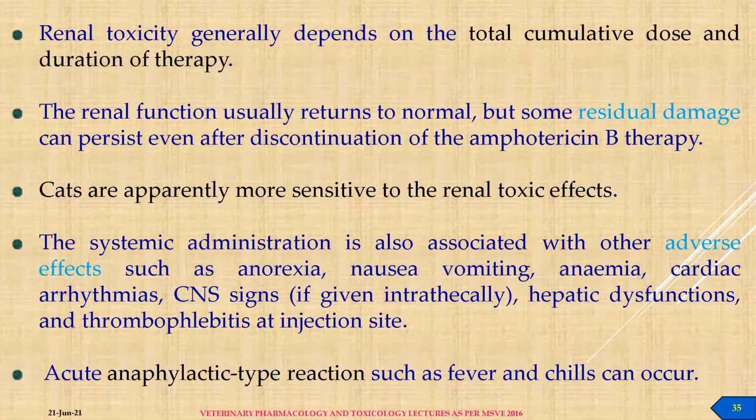It may also cause arrhythmias, hepatic dysfunction and thrombophlebitis at the site of injection. So these are all the common side effects. Anaphylactic types of reactions can also happen many times.